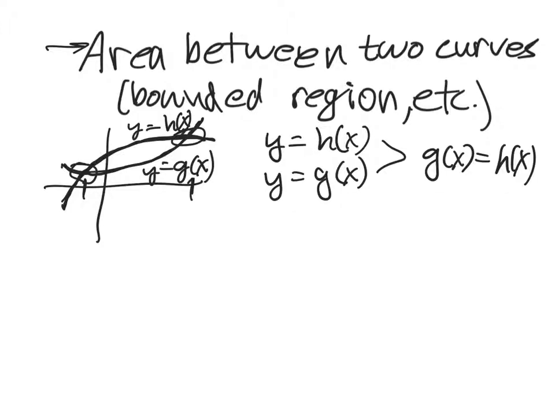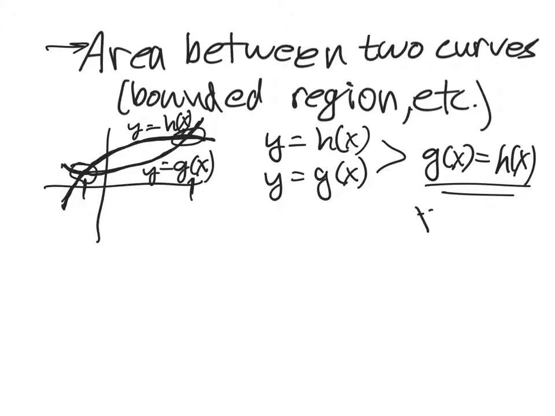But solving that system, solving this equation here, you should end up with two values. Probably going to be looking at parabolas, x squared, so you will have a quadratic equation to solve.